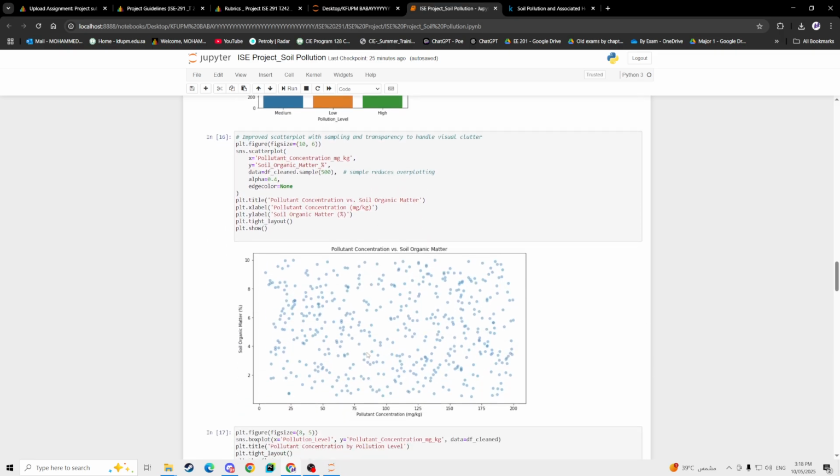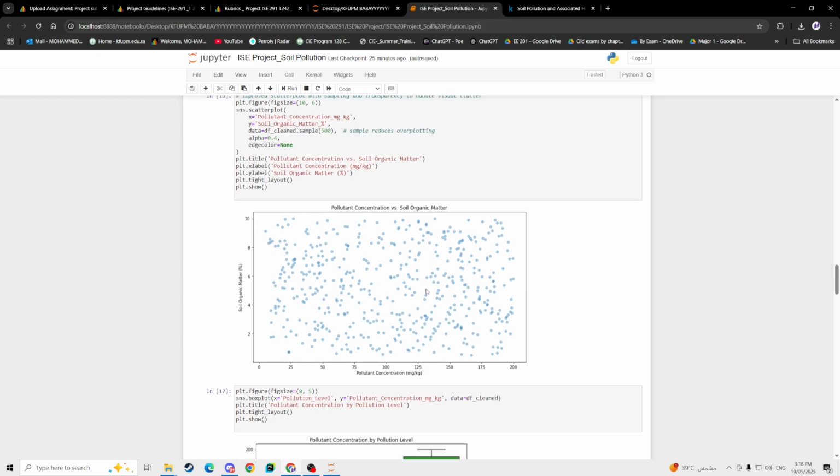Moving on, the scatter plot between pollutant concentration and soil organic matter is not exactly the most helpful. The reason the dots of this plot are scattered is due to the vast amount of data, as well as the vast extremes of the dataset.